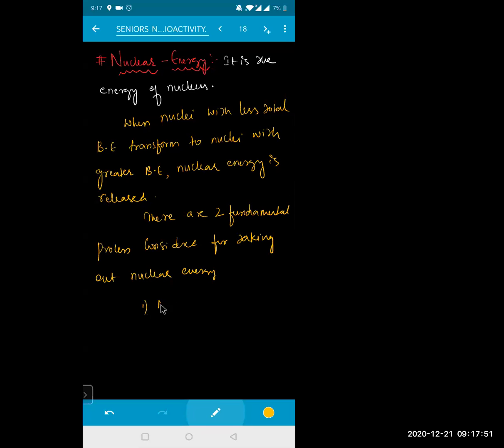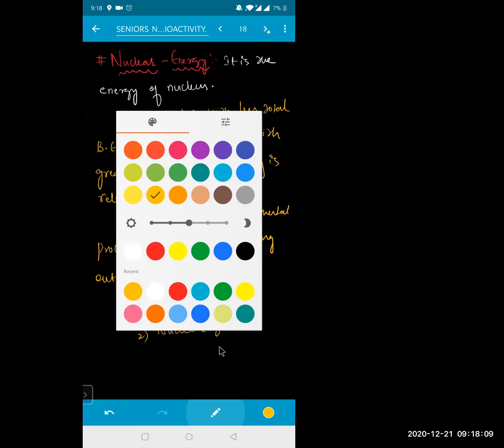First one is your nuclear fission. Next one is your nuclear fusion. We will try to do this in detail in the further section.